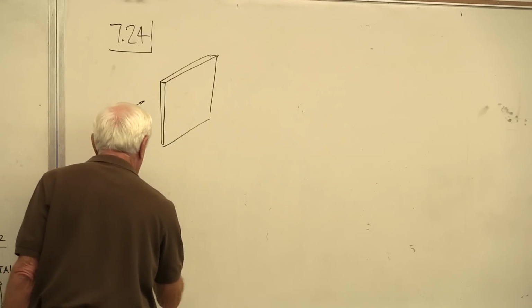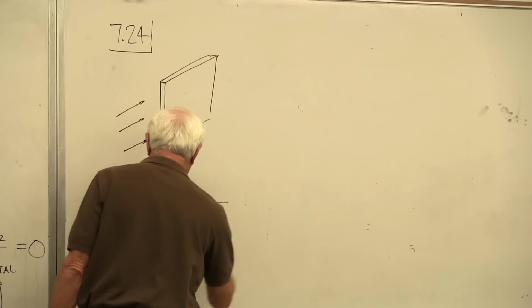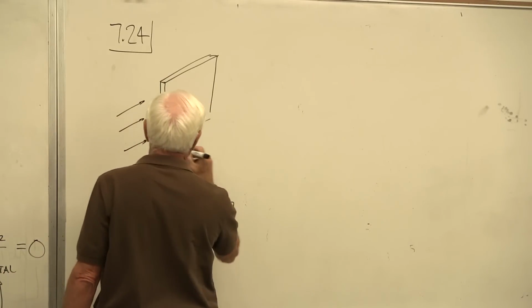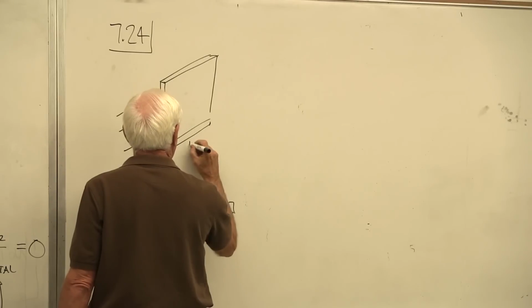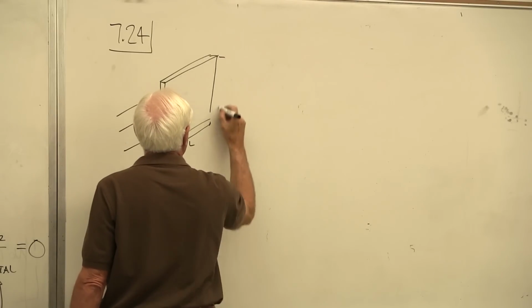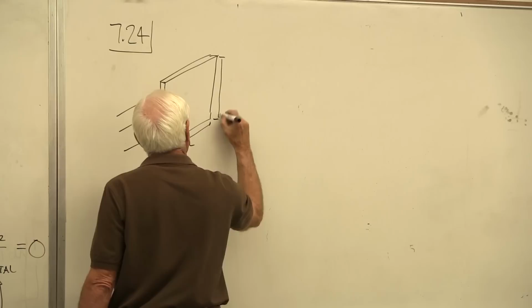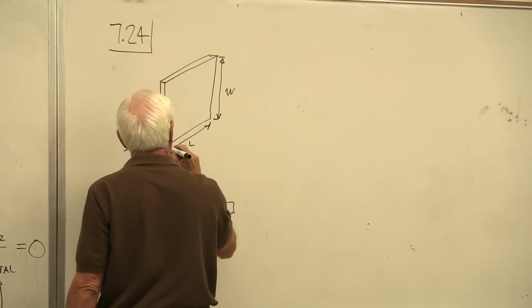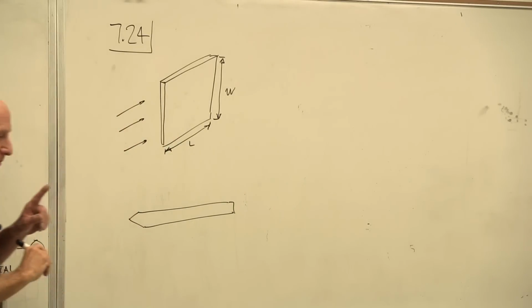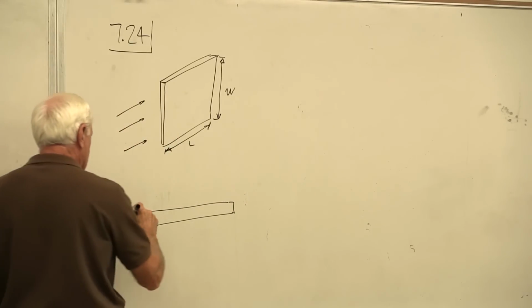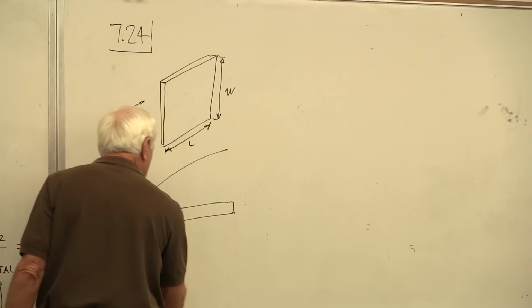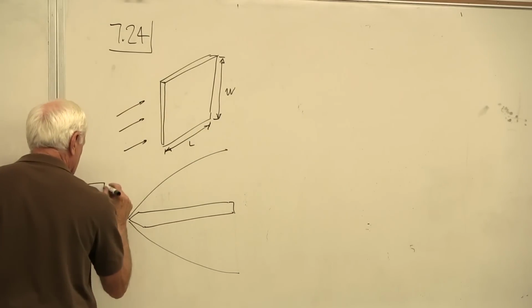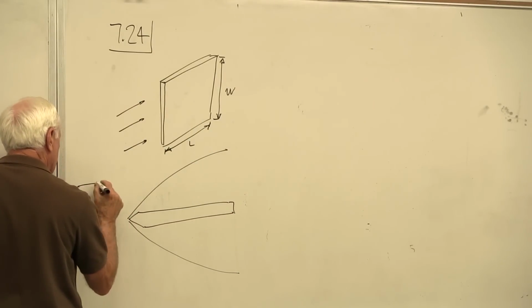If you want to look at the plate on the side, it looks like this. This is L. This is W. Okay, taking one plate, air's on both sides, so there's a boundary layer on the top and the bottom. And here's the approaching T infinity.